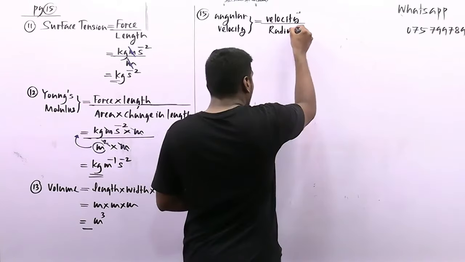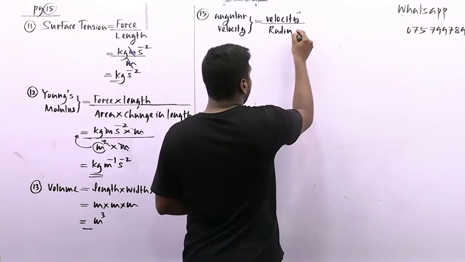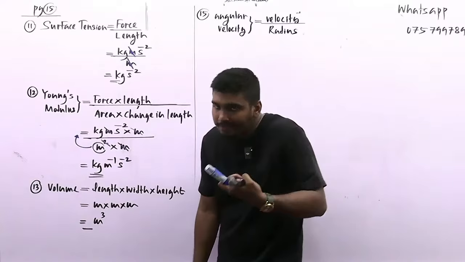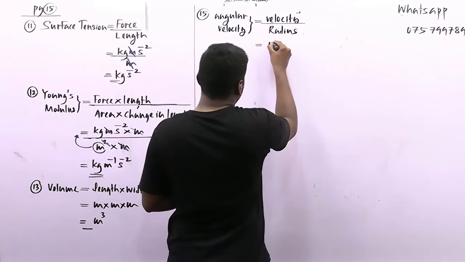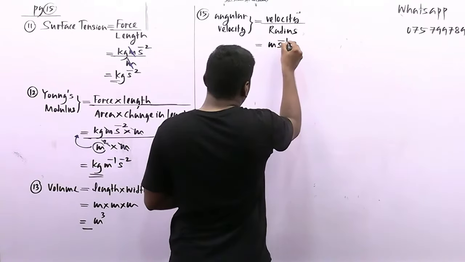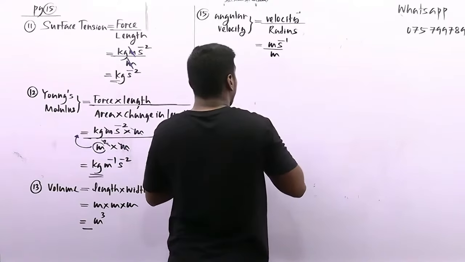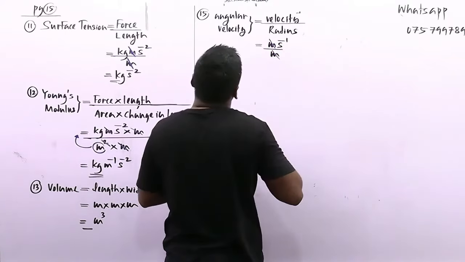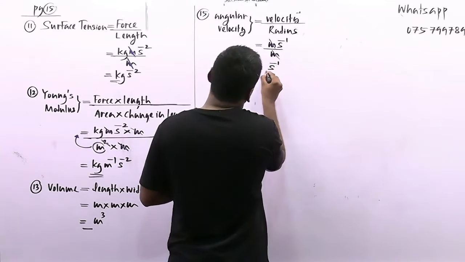Now radius is also a length. What is the SI unit to measure length? Meters. Velocity is measured in m s to the power minus 1, over radius measured in meters. Simple m cancels out. Angular velocity is going to be s to the power minus 1.